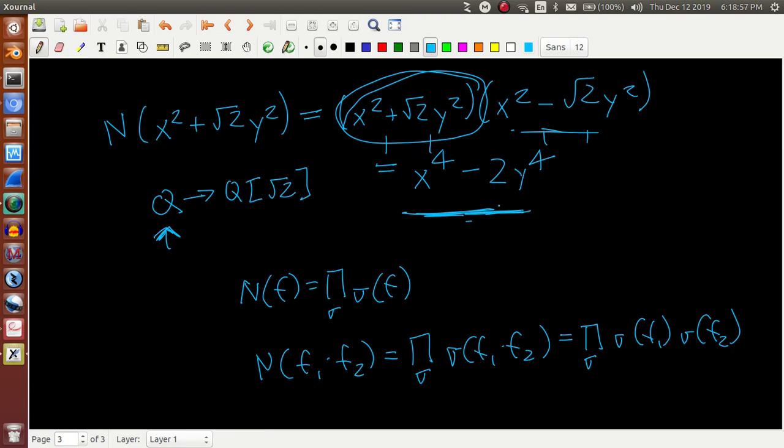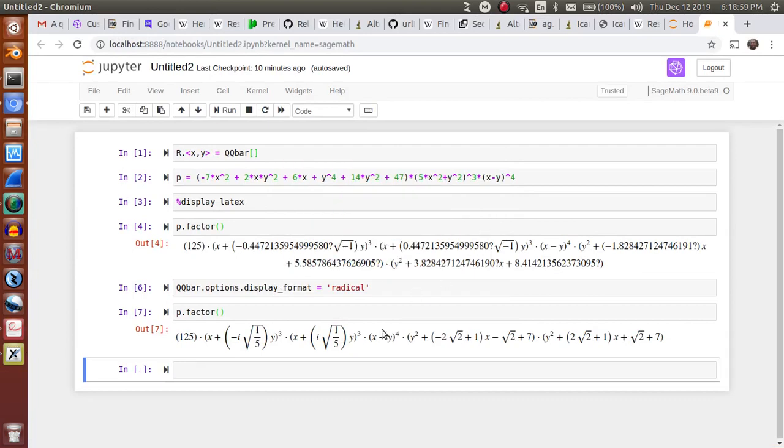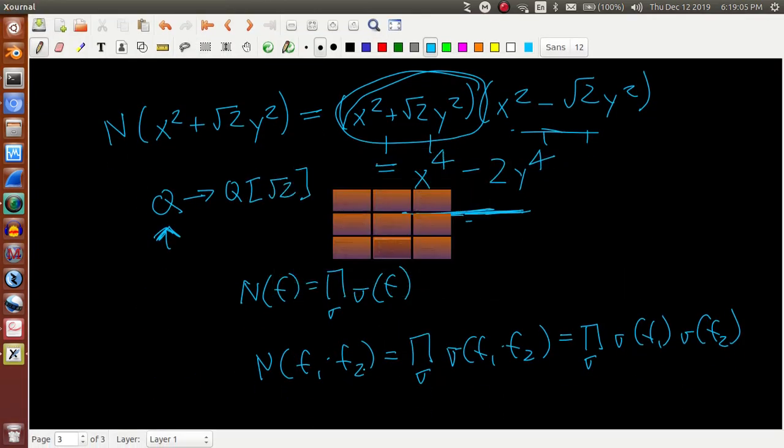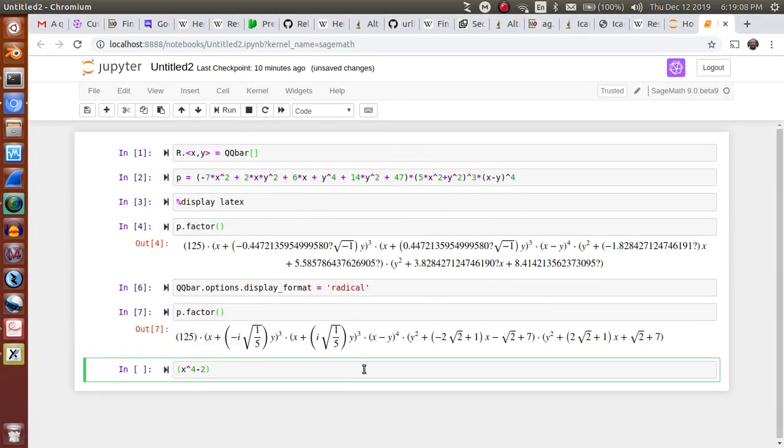Let me see what they are. I can almost tell you what they are, but let's just say it's x to the 4th minus 2 times y to the 4th. Factor.